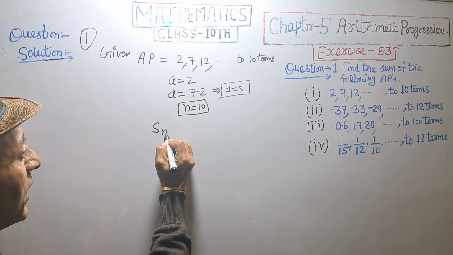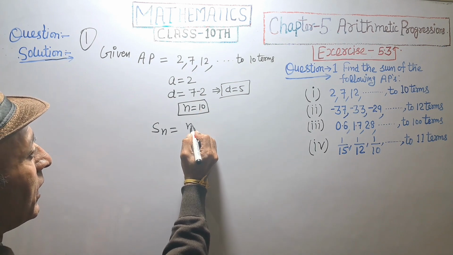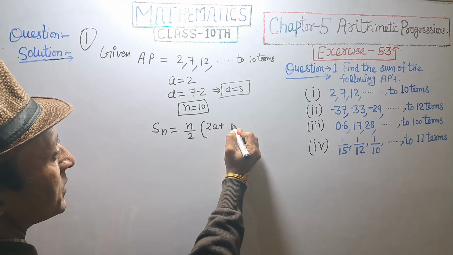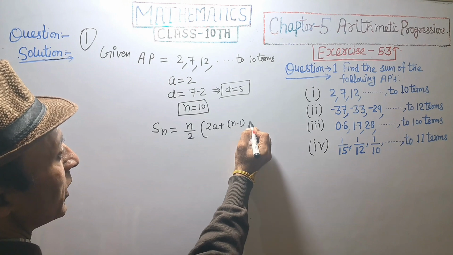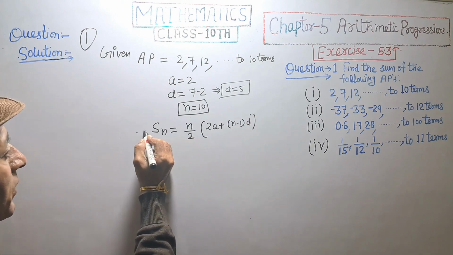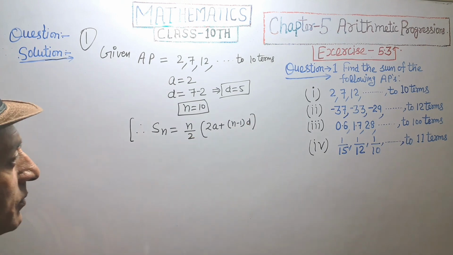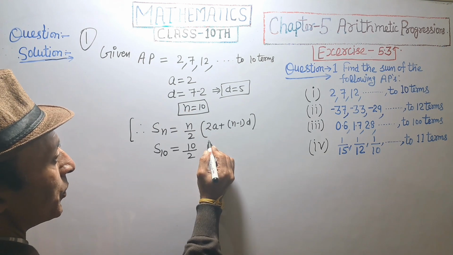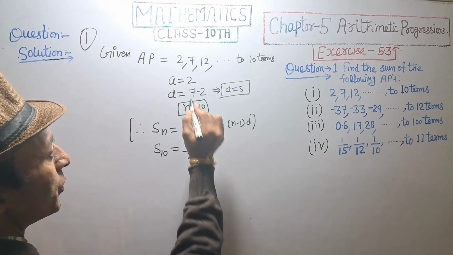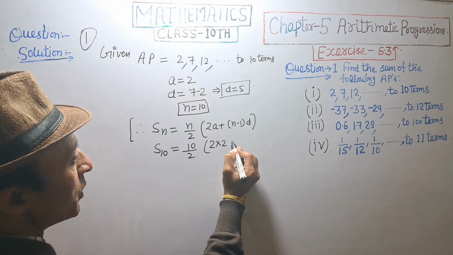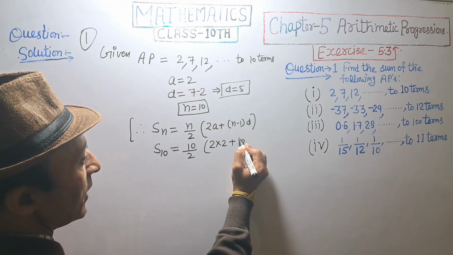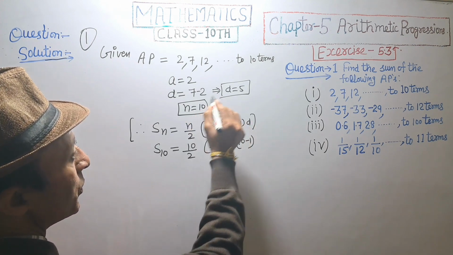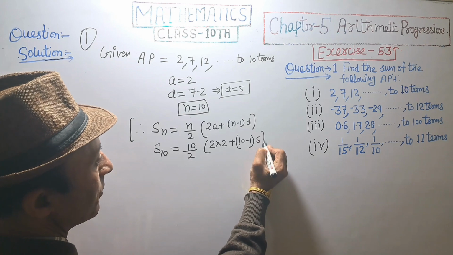So Sn is equal to N divided by 2, 2A plus N minus 1 into D. N is equal to 10, so 10 divided by 2, 2 into A is 2 plus N is 10, 10 minus 1 into D is equal to 5.